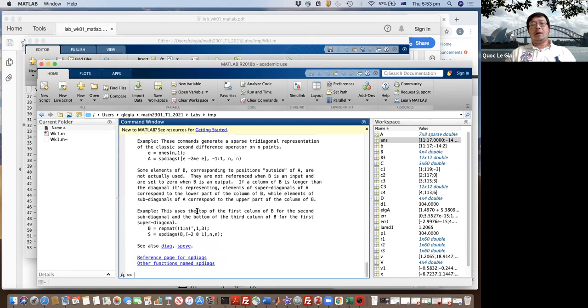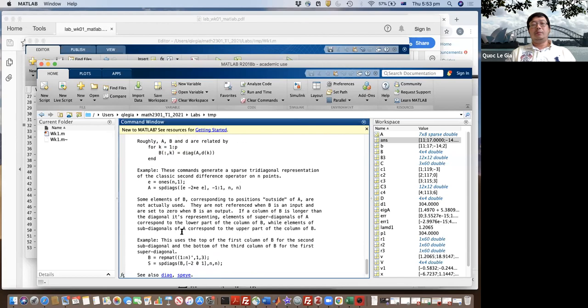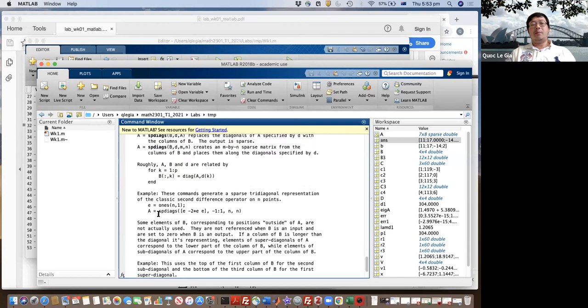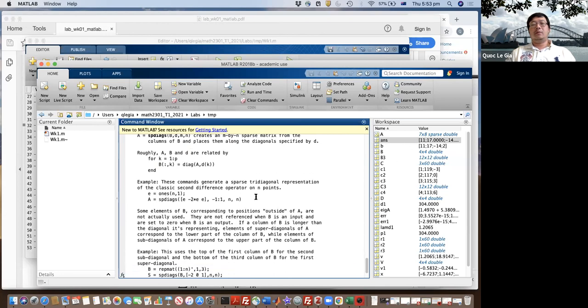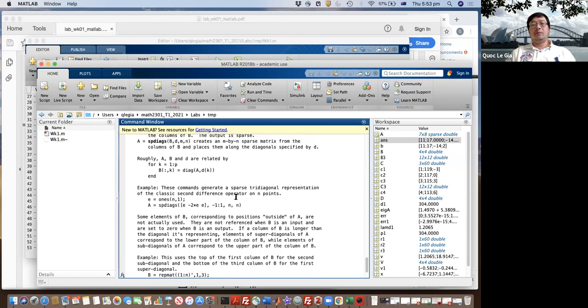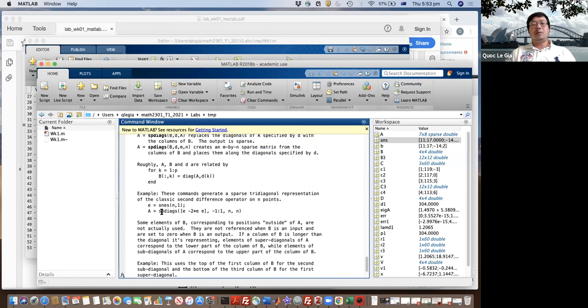You see there are a lot of examples here. You can type these commands and see how it works. So we use this command, sparse diagonals.